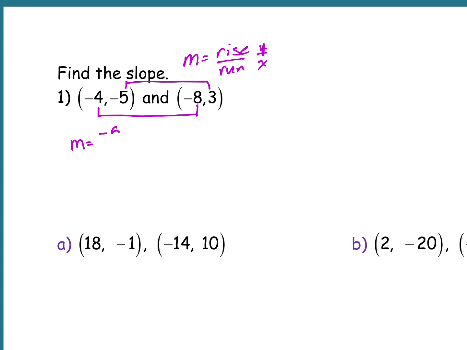So -5 minus 3. And whichever one I start with on the top, I have to start with that one on the bottom. So that would be -4 minus a -8. So what's -5 minus 3? -8. Beautiful. And what's -4 minus a -8? 4.